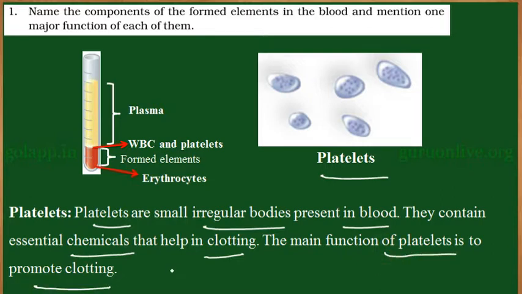Now totally we learnt the components of the formed elements. Formed elements include three components. The first one is the erythrocytes, the most abundant cells in the blood, that is RBC. They carry oxygen to the various parts of the body. And the next one is WBC.